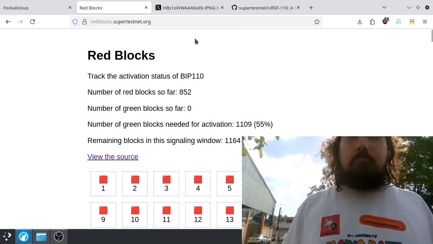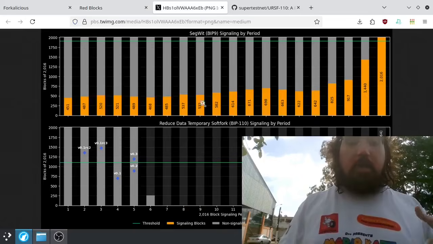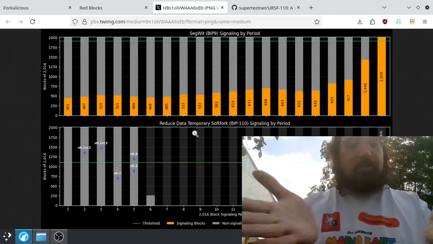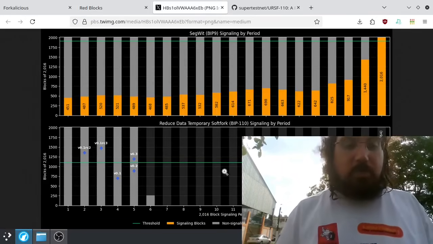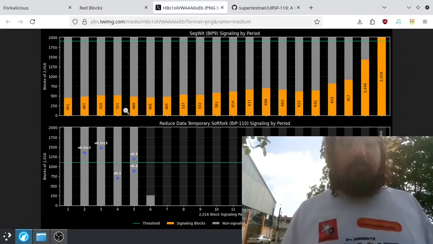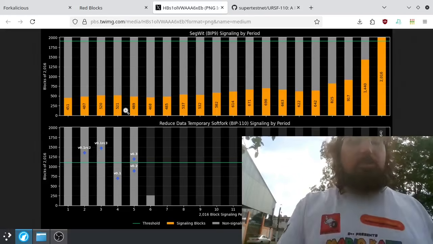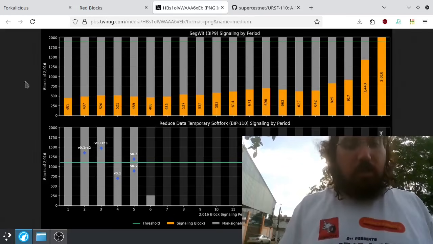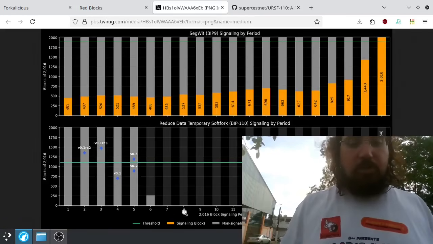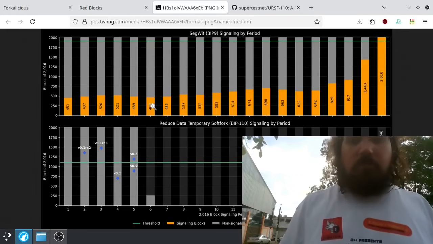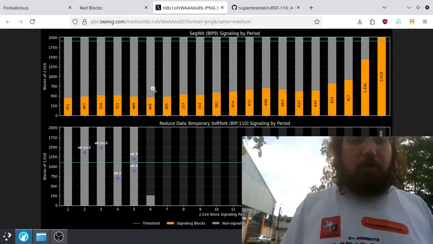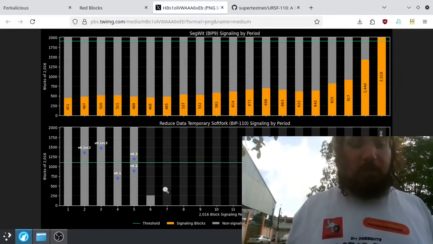So where were we several years ago, in the time of SegWit? I got this from Wicked Smart Bitcoin, who posted it on Twitter. He made a comparison of BIP 141, that was SegWit, its activation or signaling window, versus the one for BIP 110. As you can see, we're about right here in the signaling window period, and SegWit had about 20% of miners signaling in favor of SegWit by this time.